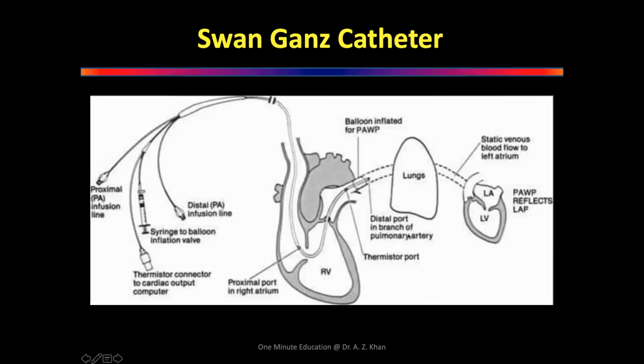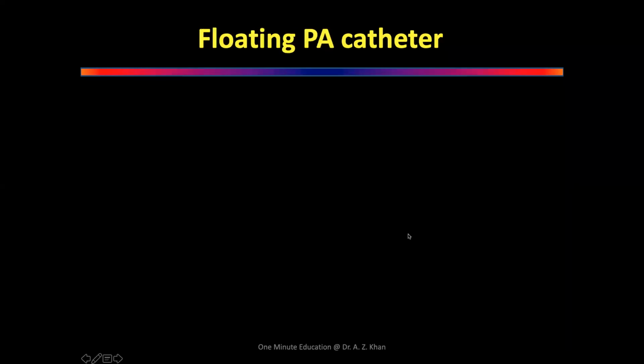Now look at how you float a Swan. When you are floating, I want you to draw in your book. The next picture, I want you to draw 4 graphs, one next to the other. Start with the right atrial pressure, which will be the JVP. So draw the JVP, then move into the right ventricle and draw what the right ventricle looks like.